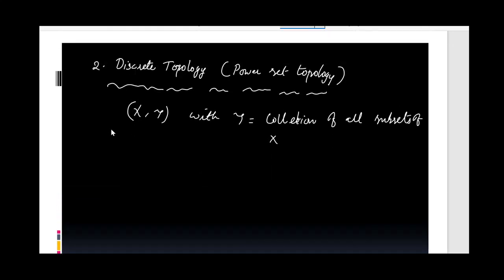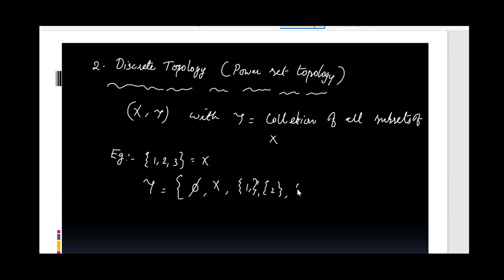For example, you take the set {1, 2, 3}. Now, here the tau is the collection of all subsets. First the empty set and X should be there, right? For a topology. Next you consider all the subsets, that is, first all the singleton subsets: {1}, {2}, {3}.